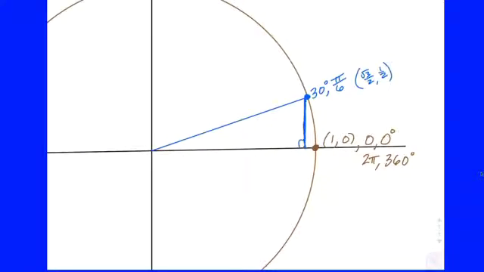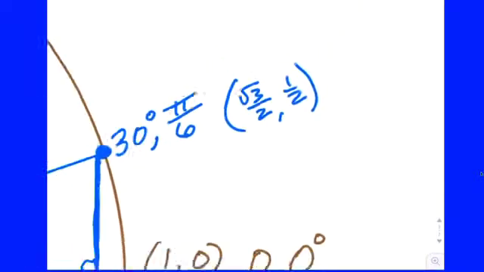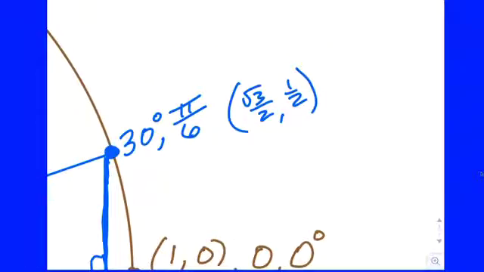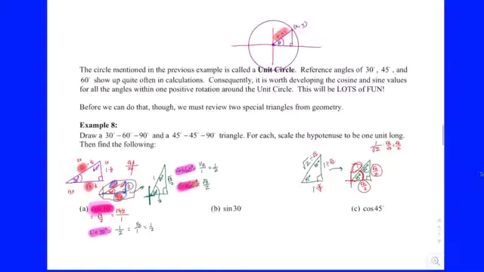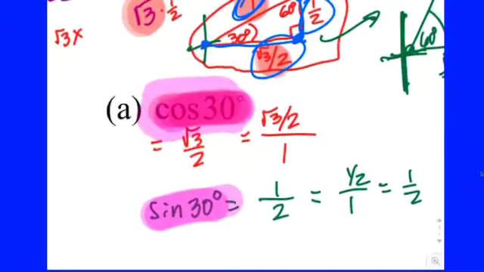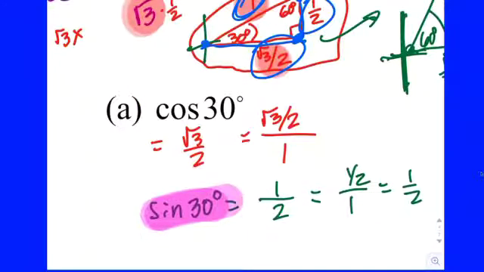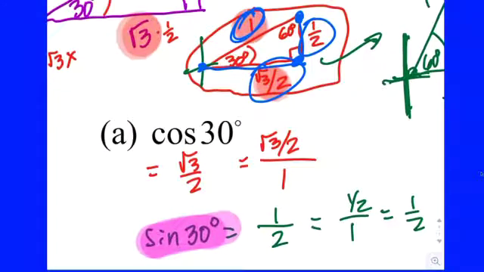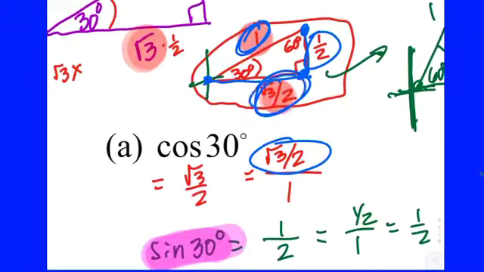Now, before we move on, what significance does that ordered pair x, y have? Well, remember over here, I asked you what the cosine of 30 degrees was? What did the cosine of 30 degrees end up being? Square root of 3 halves, right? Because it was x over r. But what is r? 1. So it ended up being just the x coordinate.